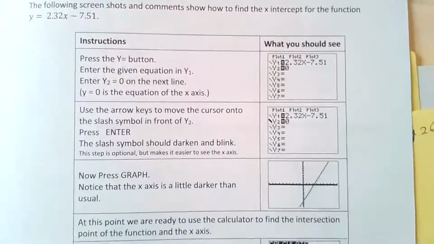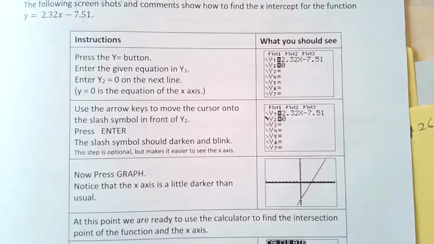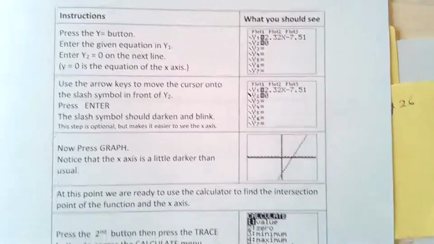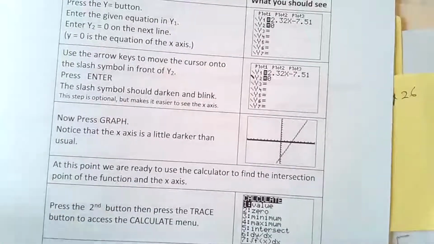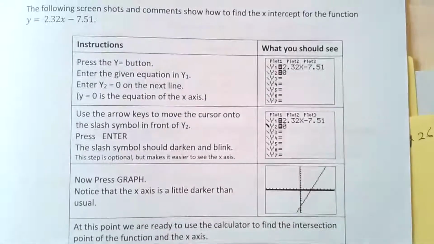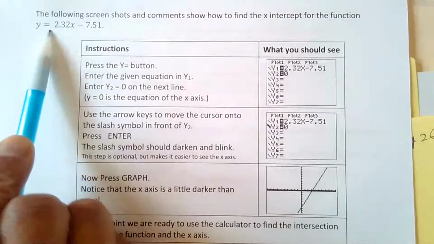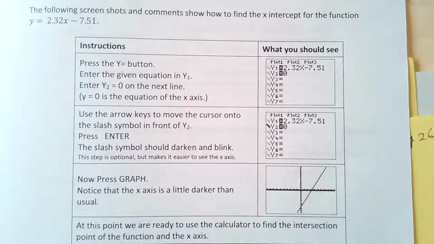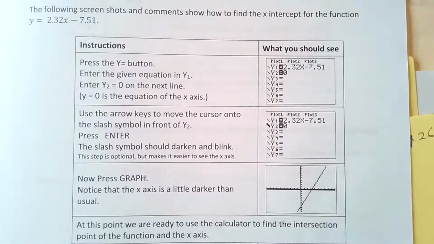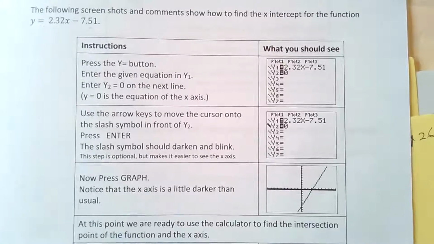In your booklet, there's a step-by-step instruction on page 25, and I'll go through this step of instruction so you can find your x and y intercepts. And you'll do a sketch of it. But let's look at this one here.